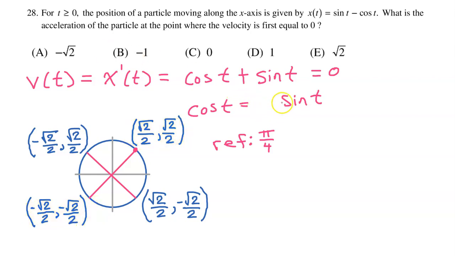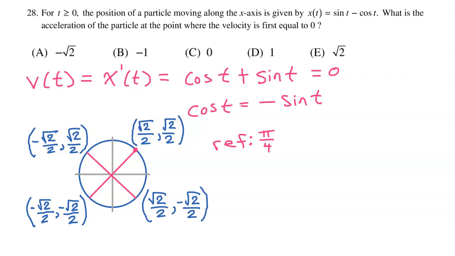However, getting back to the actual problem, we had subtracted sine t from both sides. So we have cosine t is equal to negative sine t. This means that we want cosine and sine to have the same absolute value, but the negative in front of the sine means we want one of them to be positive while the other one is negative. This negative means they have opposite signs.